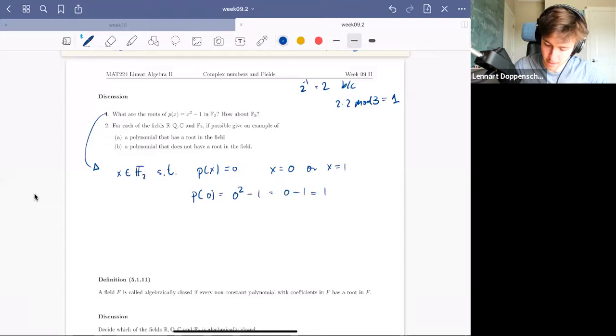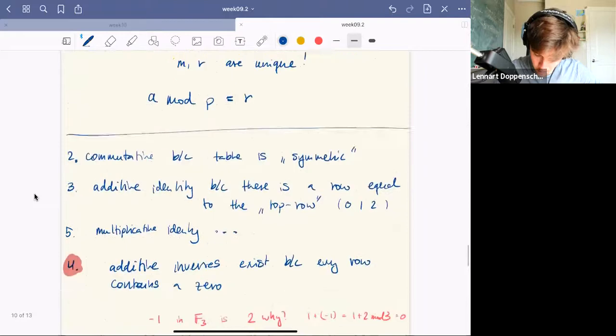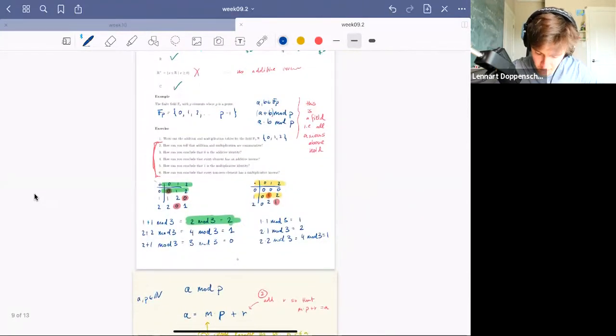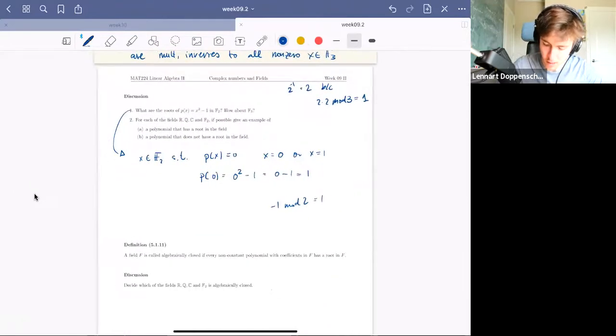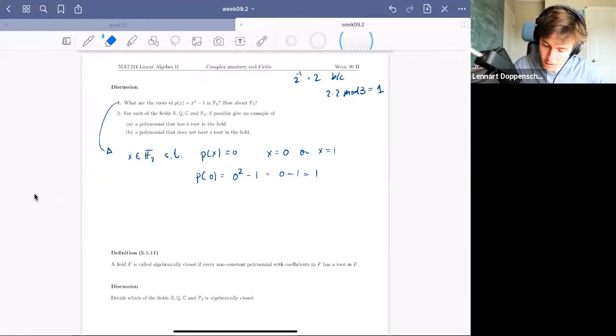Remember that minus 1 mod 2 is 1, because we can see above. Well, this is F3, but in F2, 1 and minus 1 are the same. So 1 is the additive inverse of itself.